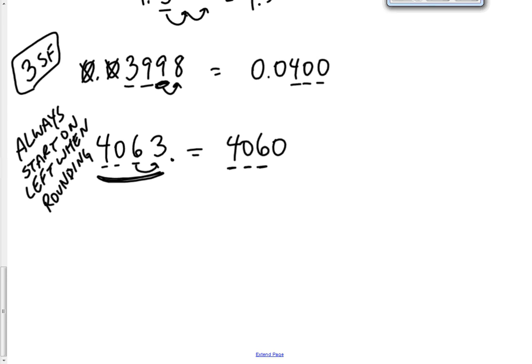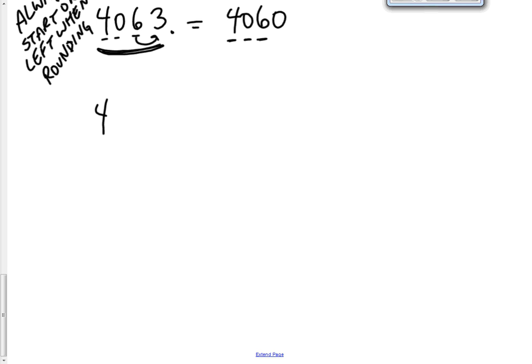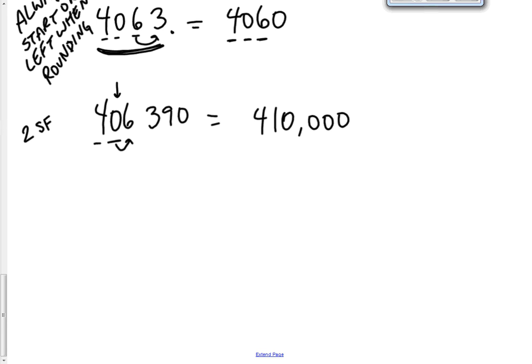A more extreme example of that is people will take 406,390, say, okay, well, we want 2 significant digits or 2 significant figures. Well, here's 1, here's 2. So we're going to look to the 6. Well, the 6 tells the 0 to round up, so we have 41. But this 0 is in the 10,000s place. We still need it to be in the 10,000s place. So we're going to add our zeros.